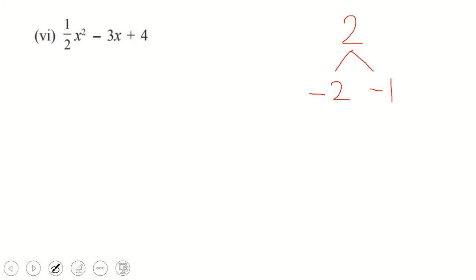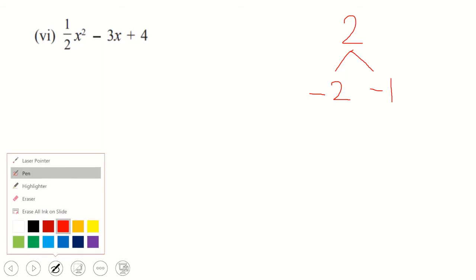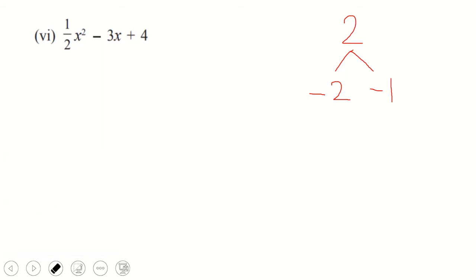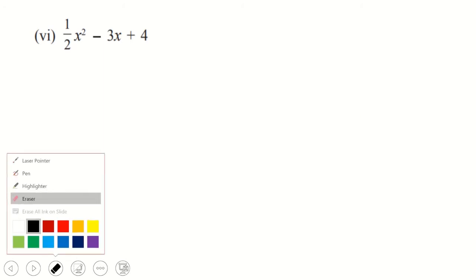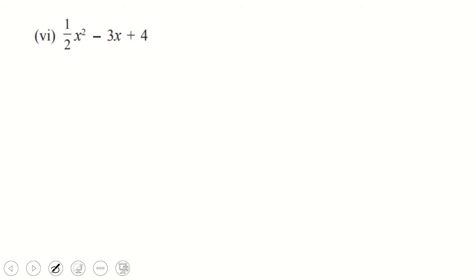So one can do it this way, keep the half as it is and then factorize. But then from half x square and minus 2x you will get confused what to take out common. So here we are not going to go for this particular method. I am just simply ignoring this method. If somebody can do it with the same method, you can do it, no problem.